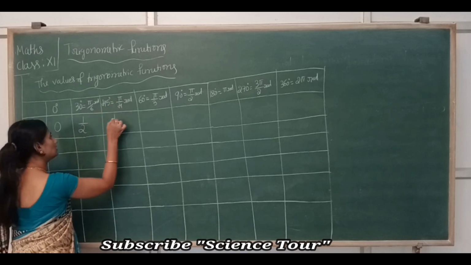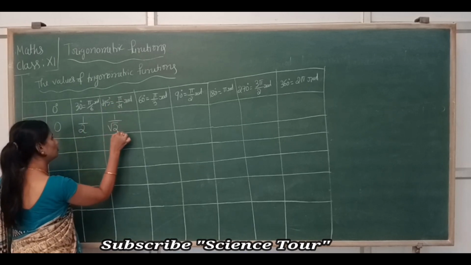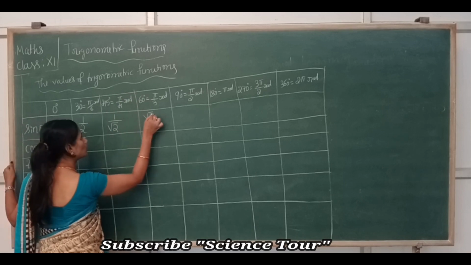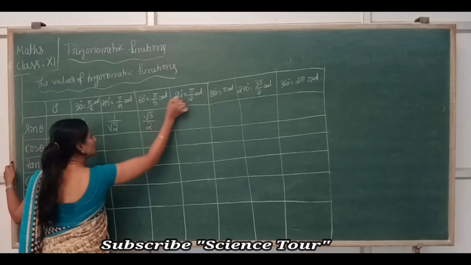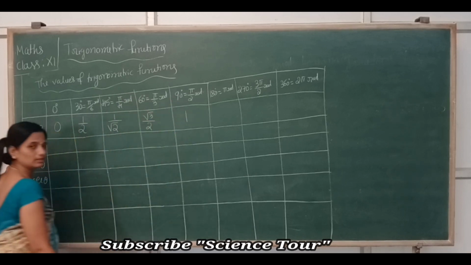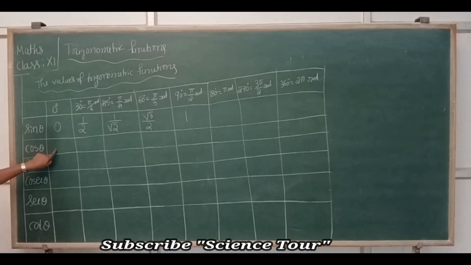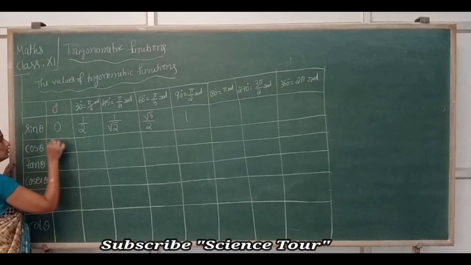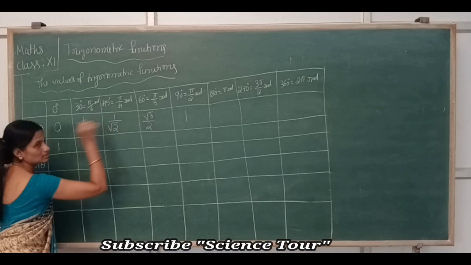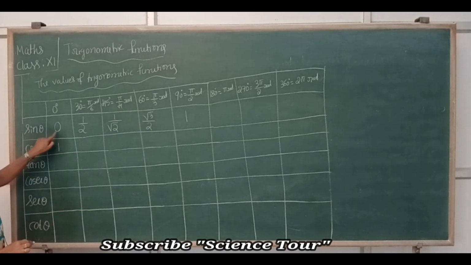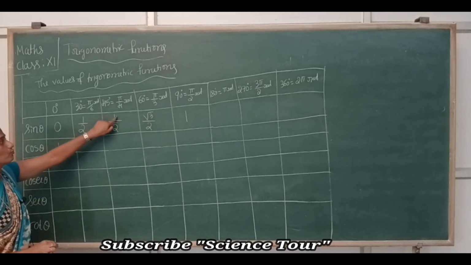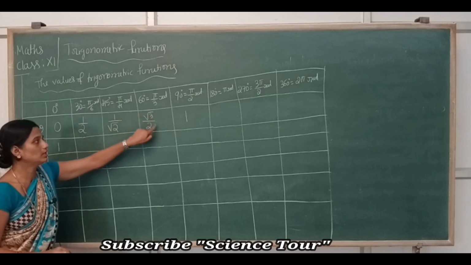Sin 45 is 1 by root 2. Sin 60 is what? Root 3 by 2. Sin 90 is what? 1. Right? So now how to write cos values? Cos 0 is 1, from reverse. You know this trick, right? So 0, 1 by 2, 1 by root 2, root 3 by 2, 1.